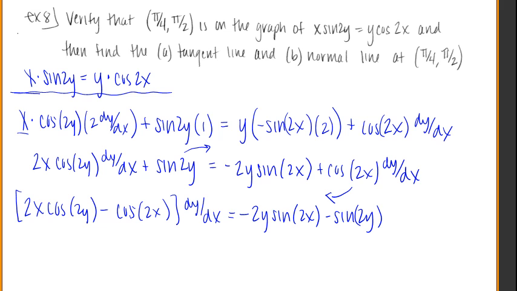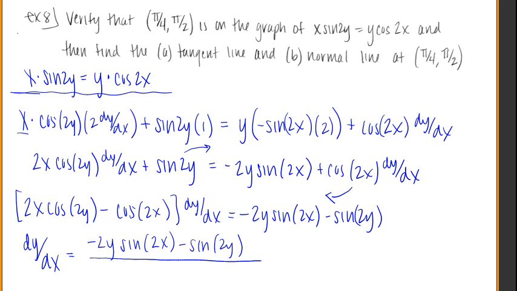Now wrapping this all up just so we can get our derivative equation, you'll get dy/dx is equal to negative 2y sine of 2x minus sine of 2y, all divided by that bracket. So 2x cosine of 2y minus the cosine of 2x. Okay, so there's our equation that we're going to use to help us find the derivative.